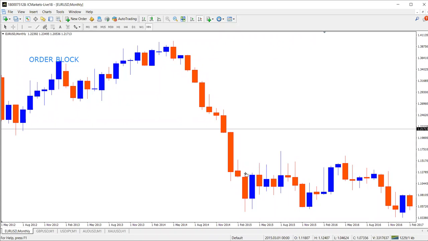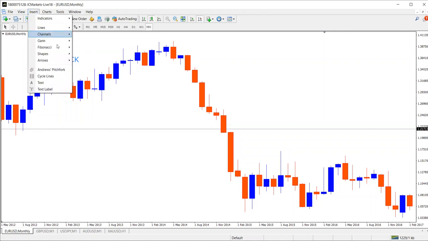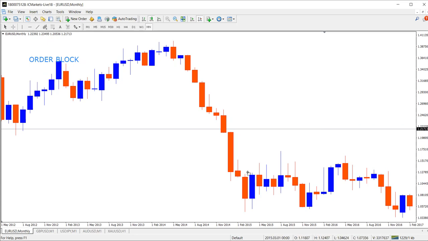Looking at this candle, you see that there's the last candle of what? The bearish candlestick here. This is the last candlestick.